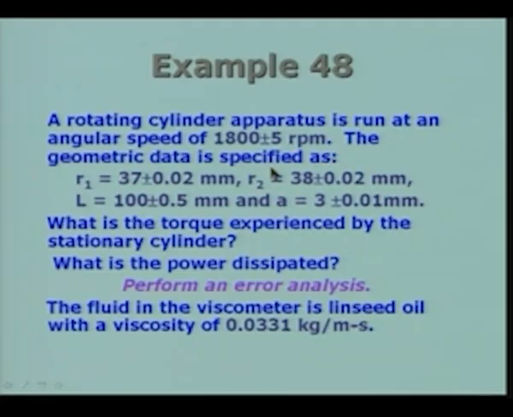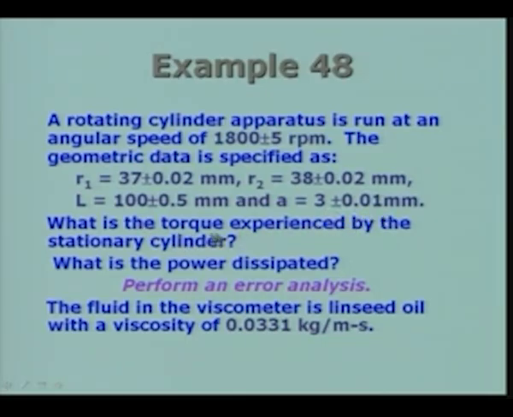The geometric data is specified as under. The radius of the stator is 37 plus or minus 0.02 millimeters, and the inner radius of the rotor is 38 plus or minus 0.2 millimeters. The length of the apparatus is 100 plus or minus 0.5 millimeters, and the gap A is 3 plus or minus 0.01 millimeter.